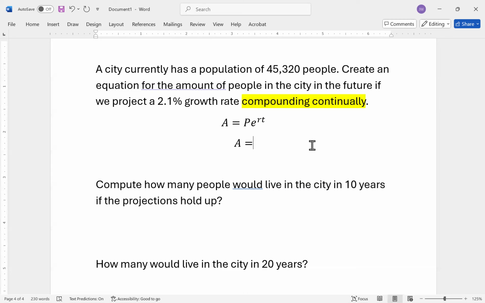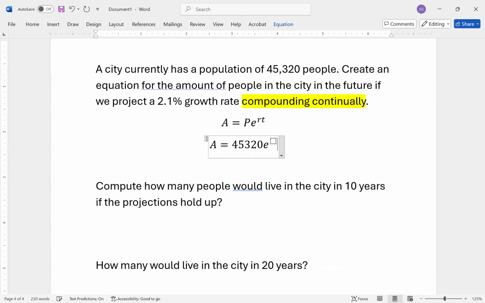And so even with people, since we're starting with 45,320 people, we'll write that in for the P. Again, in other scenarios, they might use a different letter as the coefficient and a different letter for the rate, but it means all the same thing.